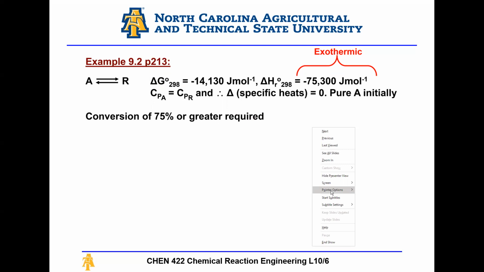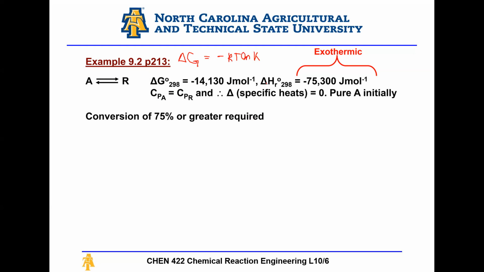You must have seen this before, but delta G is equal to minus RT ln K, where this is capital K, your thermodynamic equilibrium constant right here. Okay, so delta G, I'm given a value of minus 14,130 joules per mole.